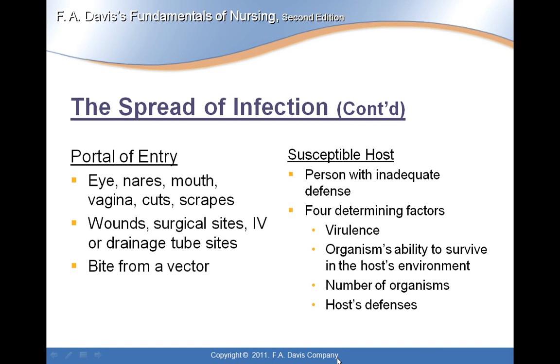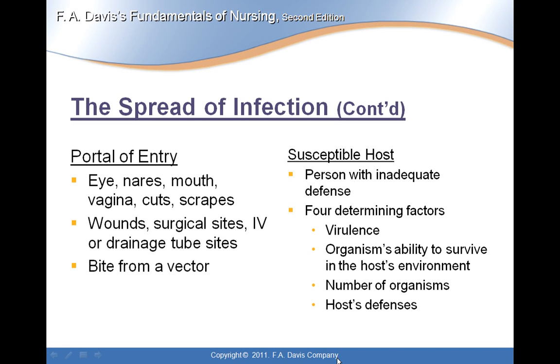Now, when we talked about the portal of entry, we talked about the eyes, the nares, the mouth, the vagina. But when you're reading in your book, you'll learn that the different parts of the body have enzymes. The stomach, for example, has acid, and so our bodies are designed to try to fight off pathogens when they enter the body.